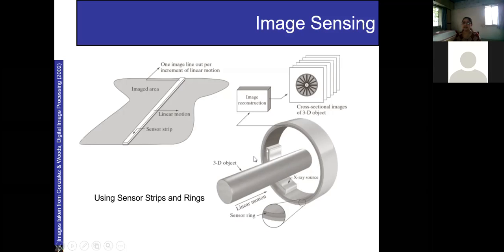There are various capturing tools, and for every image capturing tool, its principle of operation is different. If you talk about magnetic resonance imaging, the principle used is different. It uses alignment of hydrogen ions in the tissue, and accordingly your body is magnetized, and the alignment of those molecules gives you the actual picture.